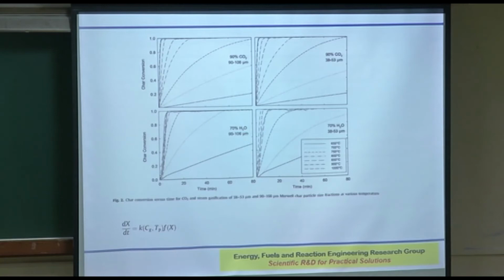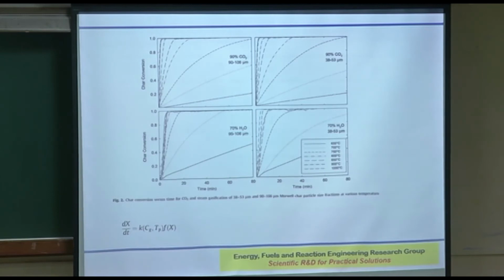So essentially then the dx dt, which is the rate of conversion, which means reactivity, is a function of all of these factors. The concentration of the gas, whether it is 20% or 30% or 70% or 90%, and the temperature of the particle, and of course the conversion itself.